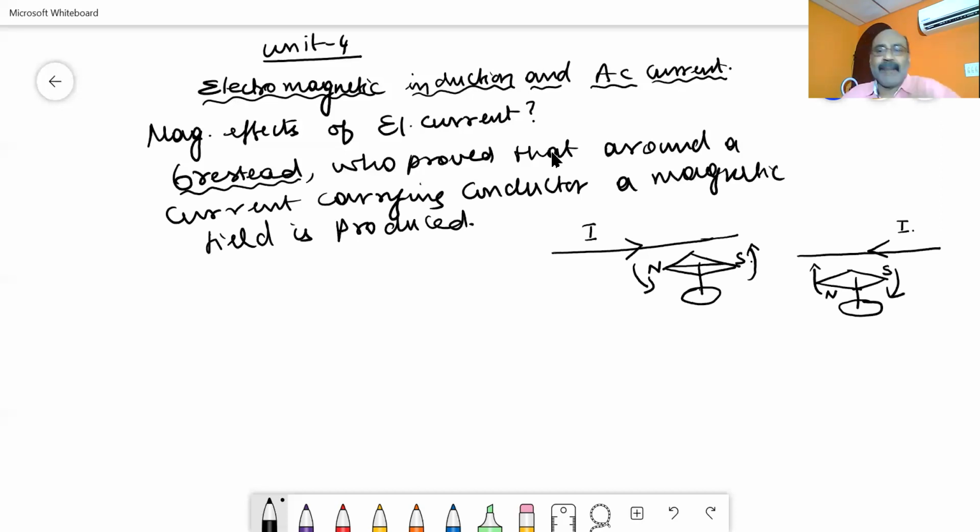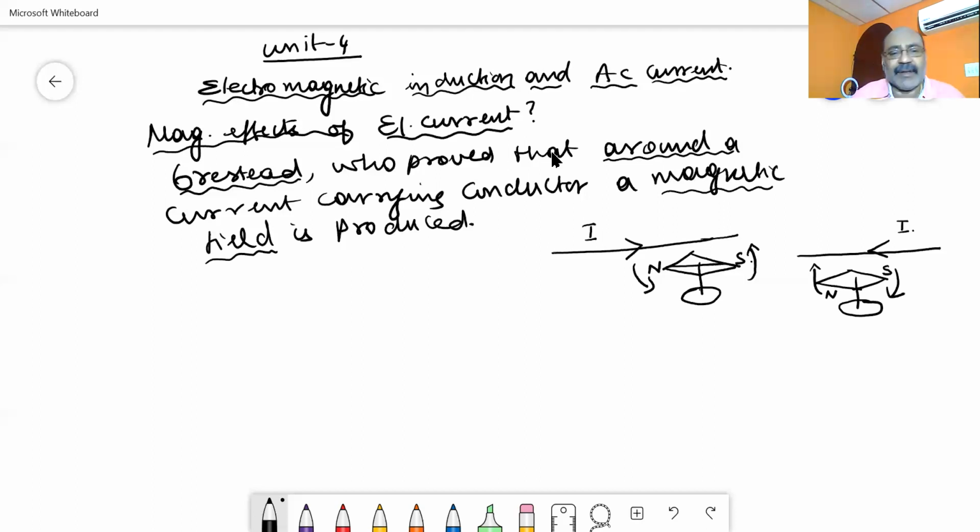A magnetic needle can get deflected only with the help of another magnetic field. So it was proved by Oersted that around a conductor carrying current, a magnetic field is produced. This phenomenon is the magnetic effect of electrical current. By supplying electrical current, you can get a magnetic field.